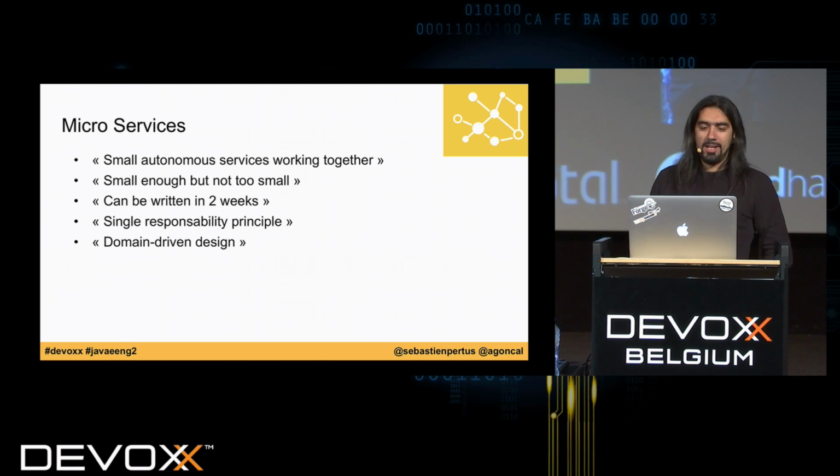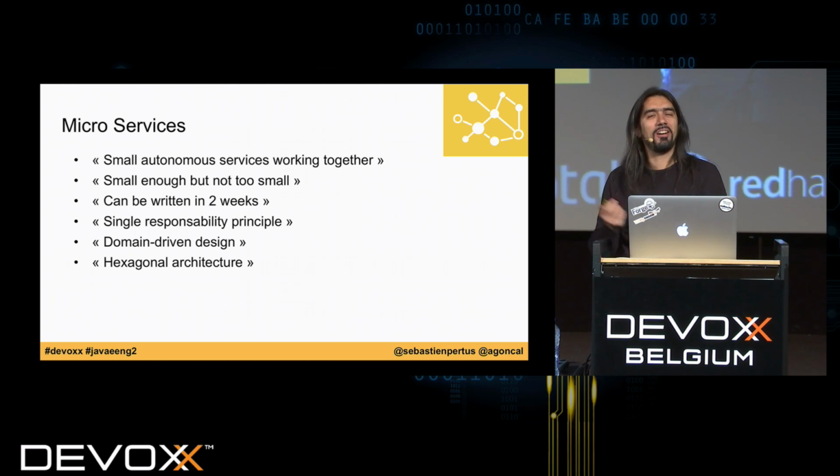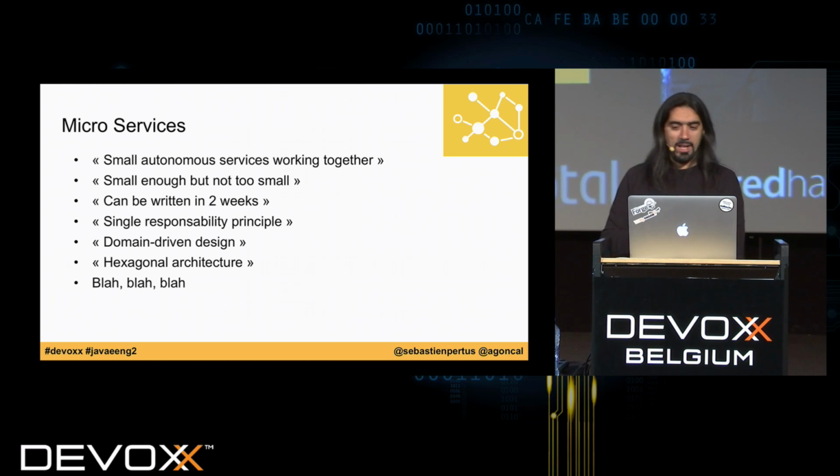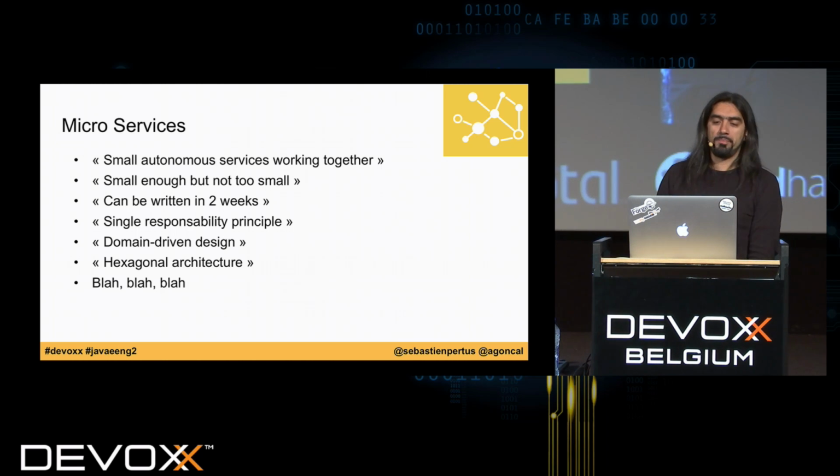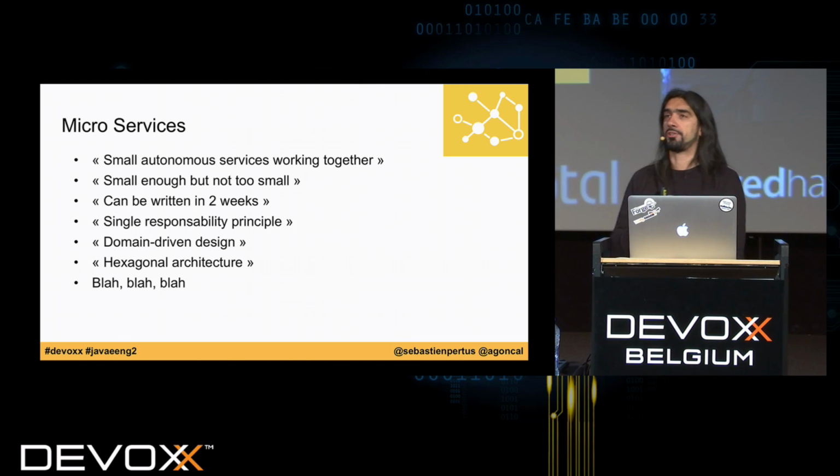Domain-driven design, hexagonal architecture. I found that funny. I don't know what it is, but you will see there's plenty of talks about microservices. People like me who have been running that in production for the last 15 years.